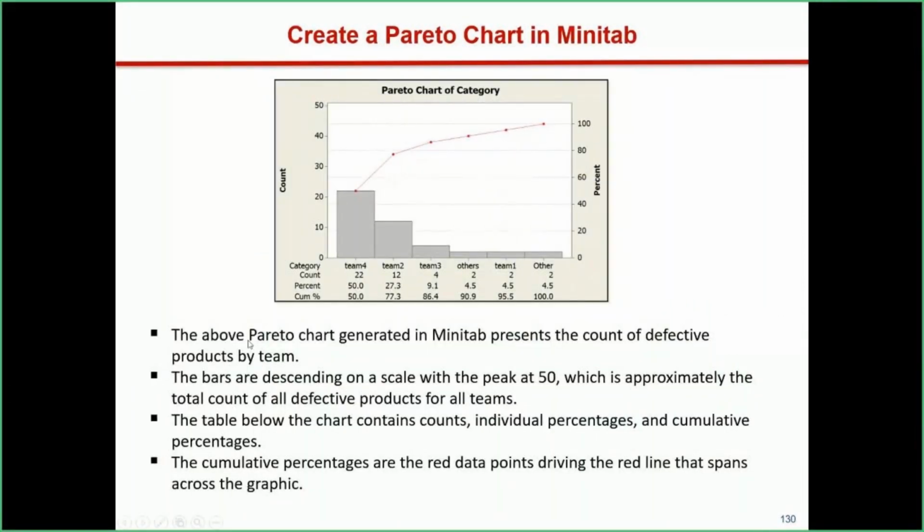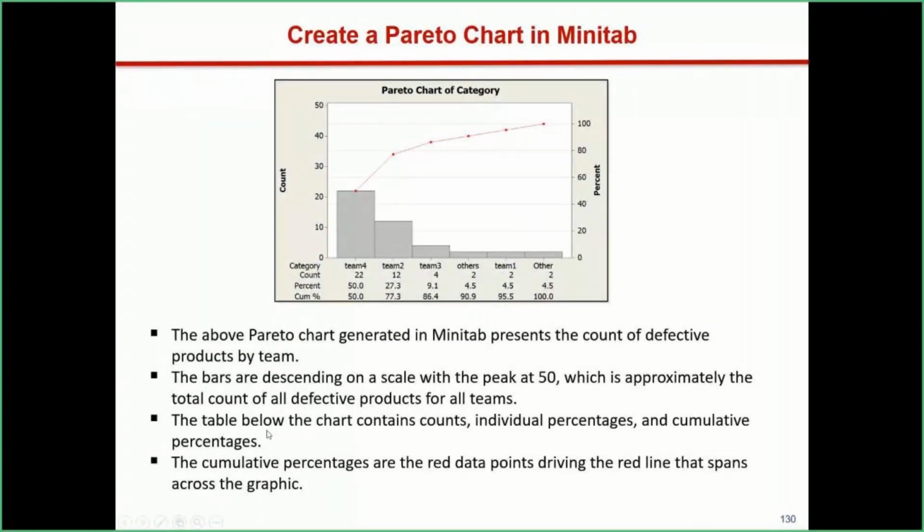The above Pareto chart generated in Minitab presents the count of defective products by team. So we have all the teams here, and each team bar represents its respective count. The bars are descending on a scale with a peak at 50, which is approximately the total count of all defective products in the team.